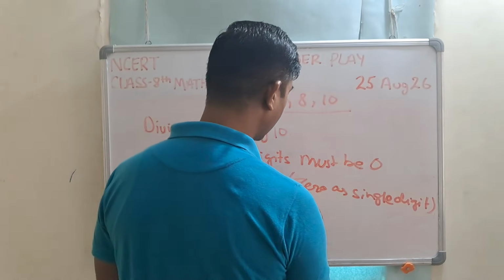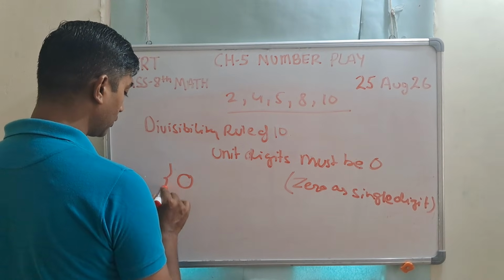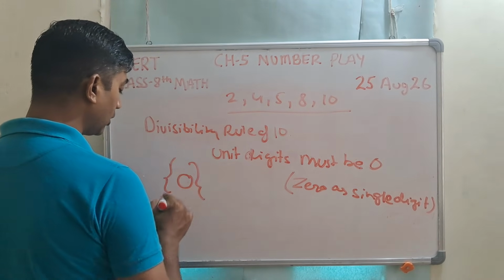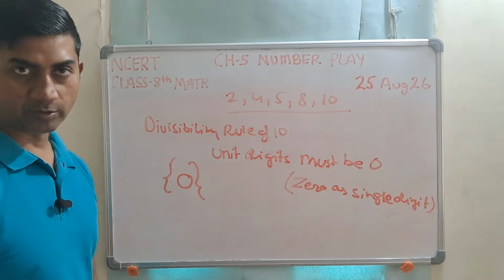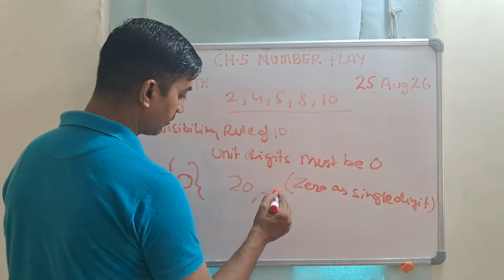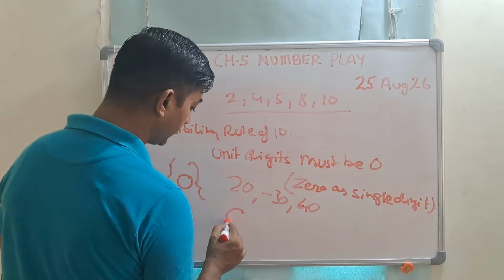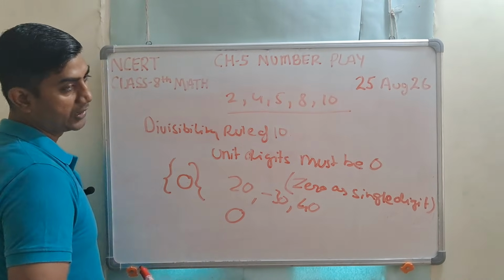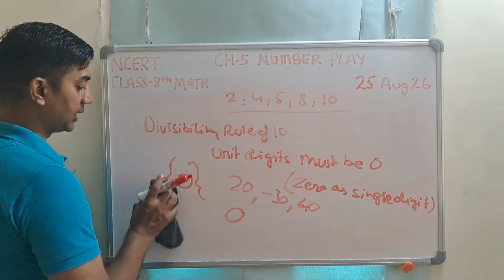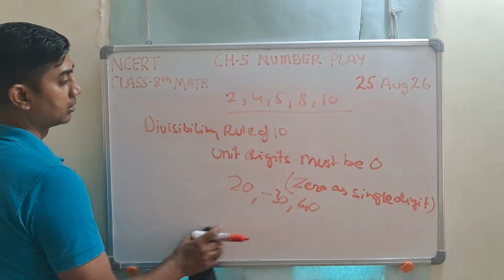Understood? Means other than 0, all the numbers ending with 0 are divisible by 10. Means if you take 20, if you take minus 30, if you take 40, but if you take 0, then this is a different case. Understood? So other than 0, all the numbers ending with 0 are divisible by 10.